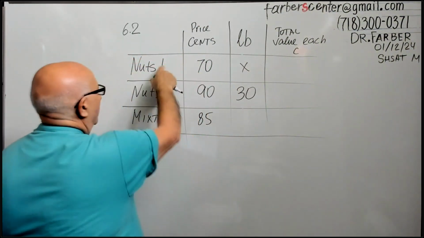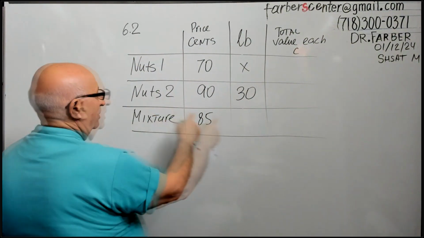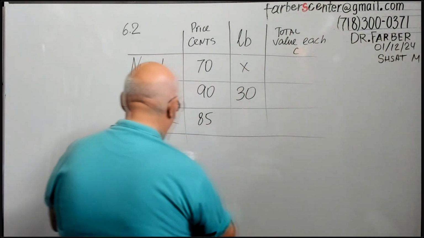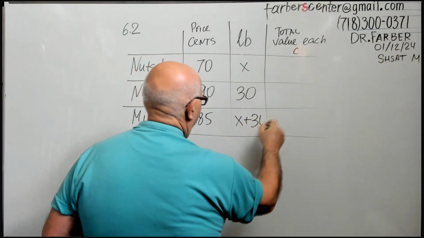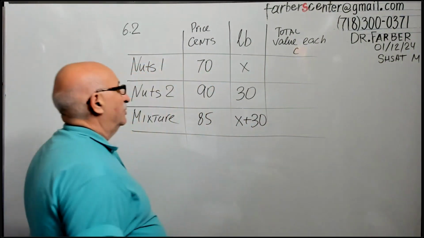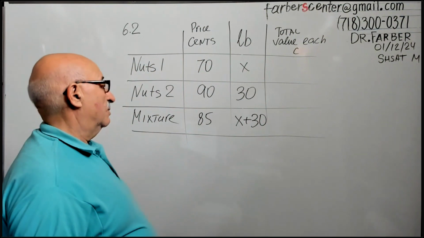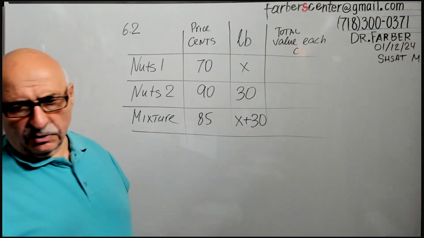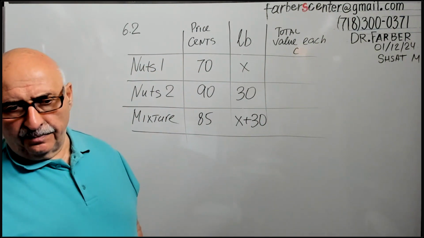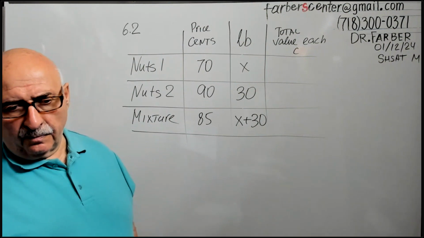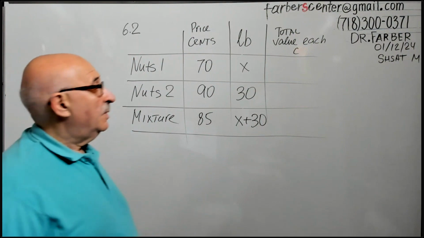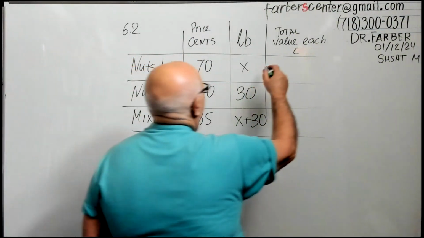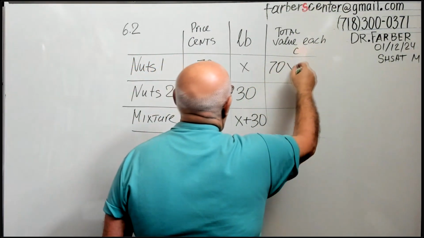When you combine nuts 1 and nuts 2, you get 30 plus x, or x plus 30. And then you put in a jar this and this. You get more. Any questions so far? Nicole, don't use the browser, don't do this. And total value each. This is 70x.